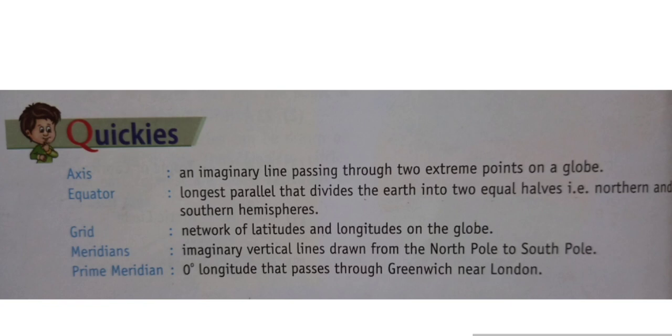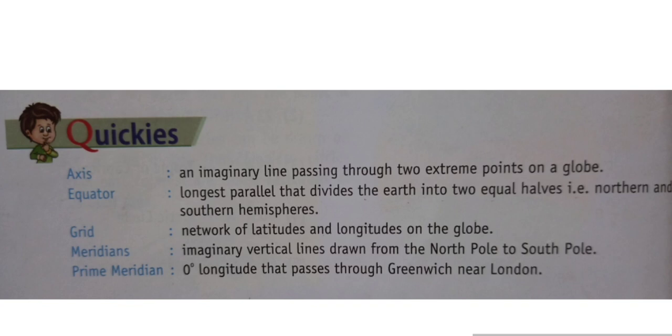Equator: the longest parallel that divides the earth into two equal halves, that is northern and southern hemispheres. Grid: network of latitudes and longitudes on the globe.